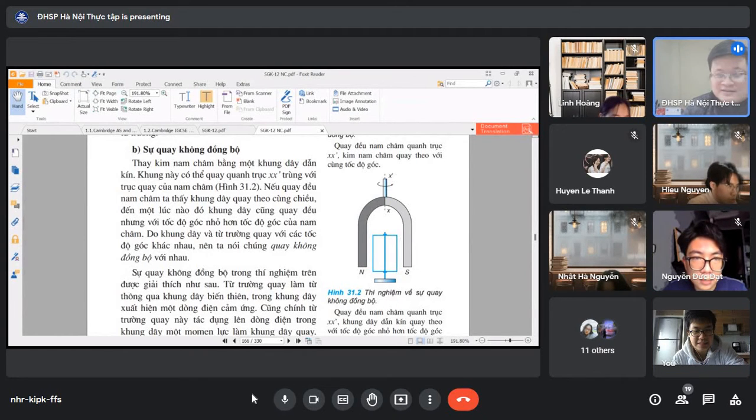Okay, that is what you read, but now you need to explain. Please explain why you predict that the rectangle coil will rotate. What is the reason behind your prediction?